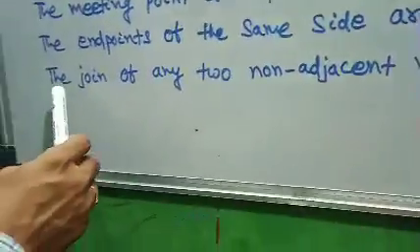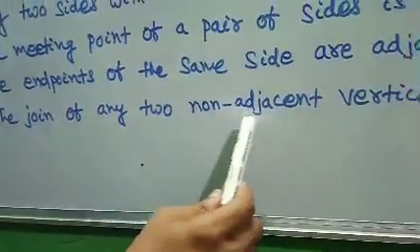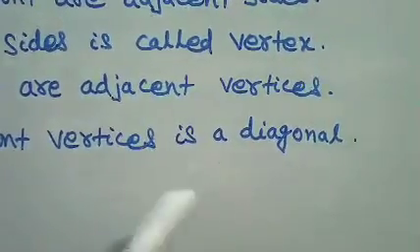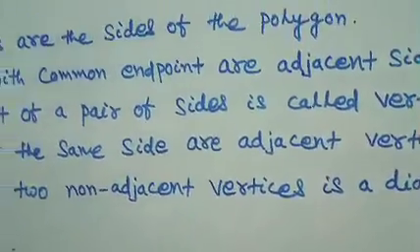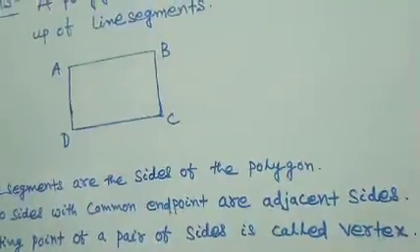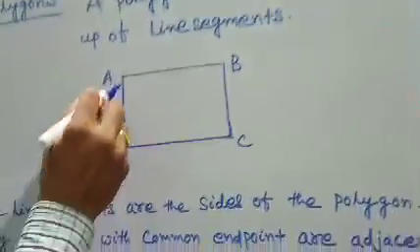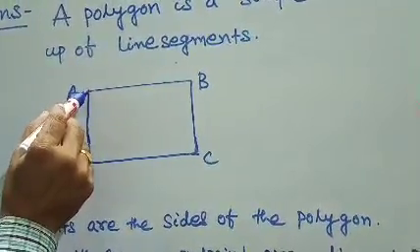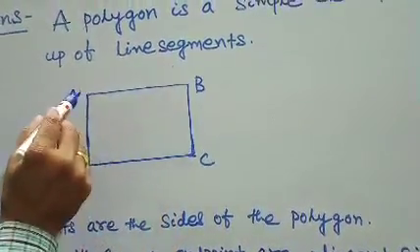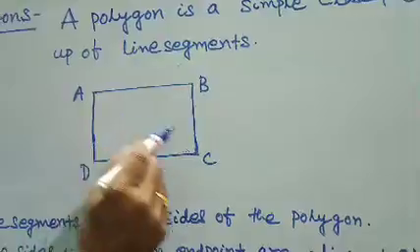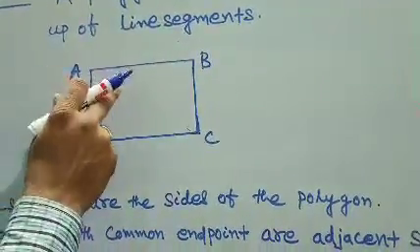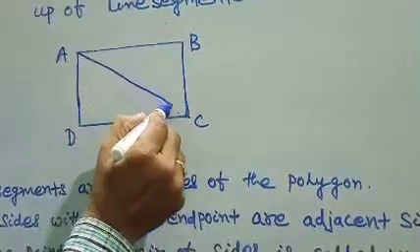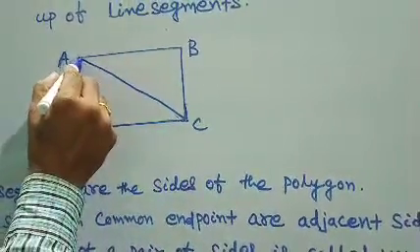Next one is, the join of any two non-adjacent vertices is a diagonal. Okay, when we join the non-adjacent vertices, meaning A and C, when we draw a line from A to C, then it is called a diagonal.